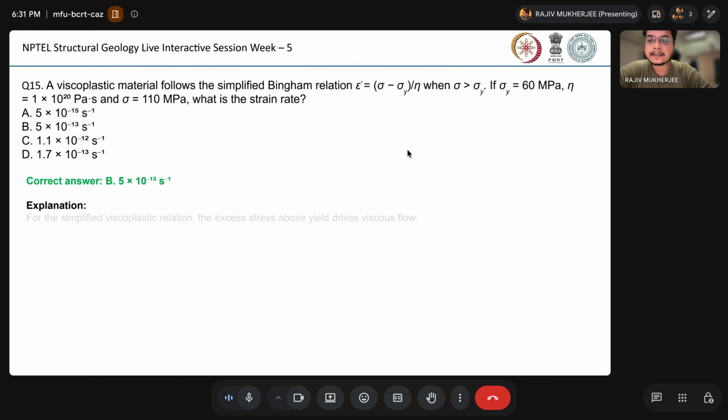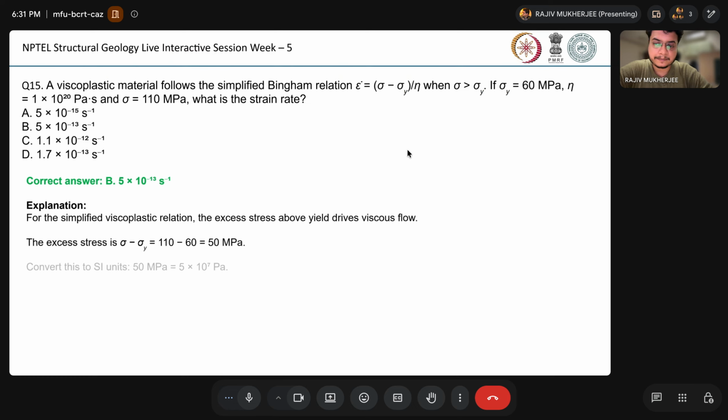And to explain this, for the simplified viscoplastic relation, the excess stress above yield drives the viscous flow. So the excess stress is 50 megapascal.